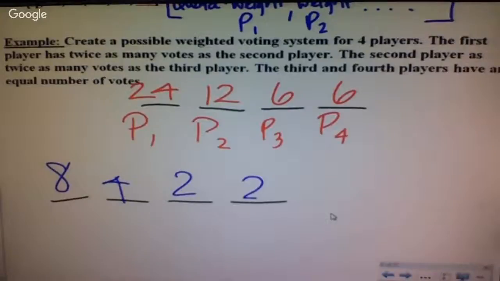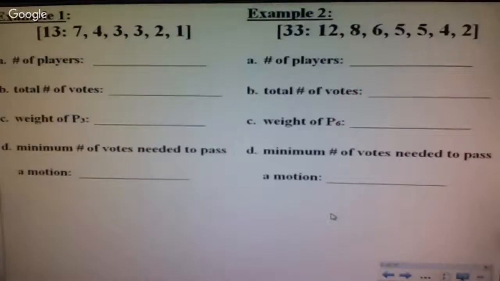All right, let's do some examples. If you flip your page. 13 represents your quota.